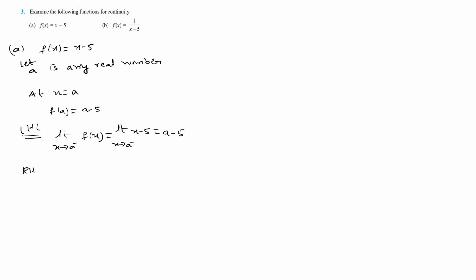Next, RHL limit is limit x tends to a plus f of x is equal to limit x tends to a plus, f of x is x minus 5, which is equal to wherever x is, substitute a here, a minus 5 we will get. So f of a is also a minus 5, LHL also a minus 5, RHL also a minus 5.